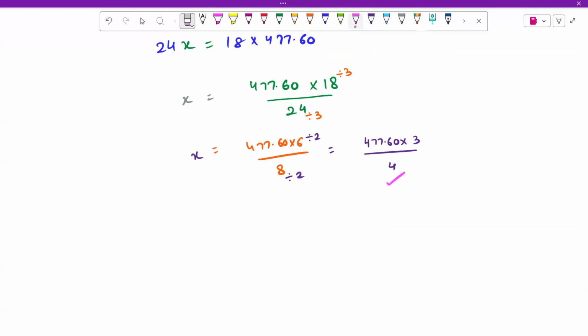No. Can we divide numerator with the numerator? Now, see over here, make a note. Numerator can only be divided with denominator.